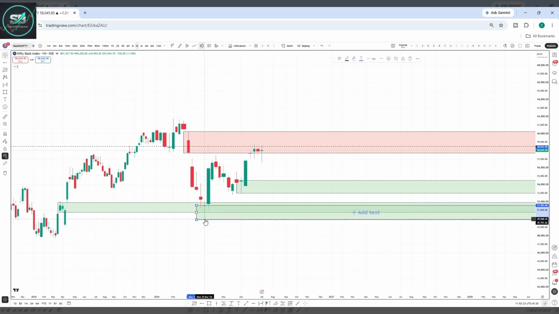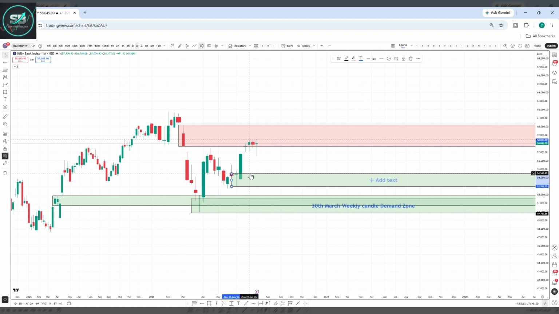So just mark this demand zone here. One is the 30th March weekly candle, which is a demand zone. And here we have another demand zone, which is the 1st June weekly candle, again a demand zone.